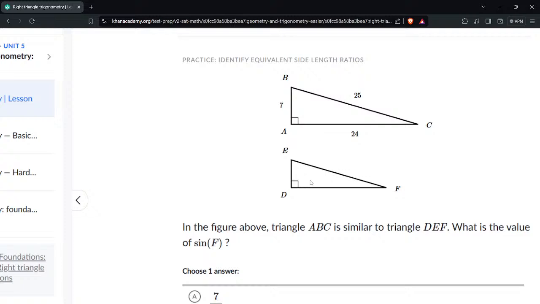What's the value of sine F? So sine F is equal to sine C. Sine C is equal to opposite over hypotenuse, 7 by 25, right?